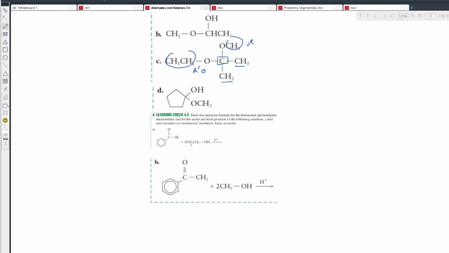But show it in two steps because we have to write the hemi and other things together. Okay, no problem. Let's see.